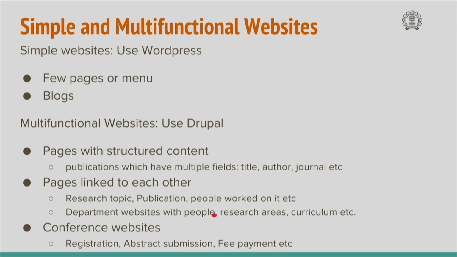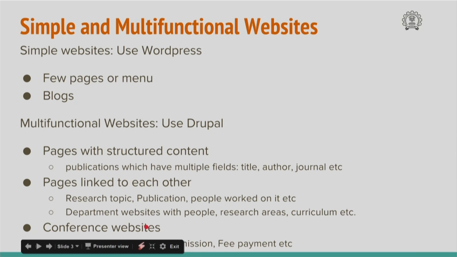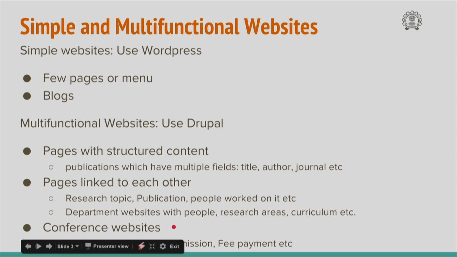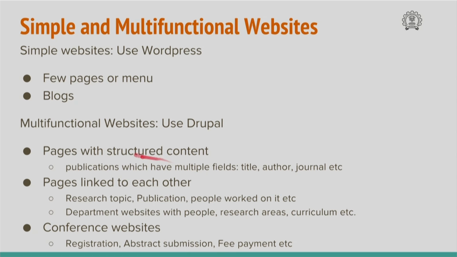In department websites we have a lot of people, a lot of research areas, you could be posting the curriculum and so on. A still more complex website is a conference website, where there is not only information passed on but there is also an interaction from the user. For example, you could have a conference website with registration, abstract submission, fee payment and so on. So these are what are called multifunctional websites.